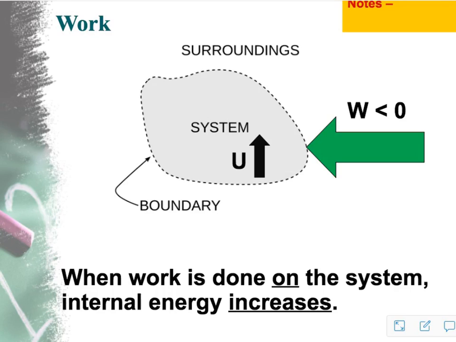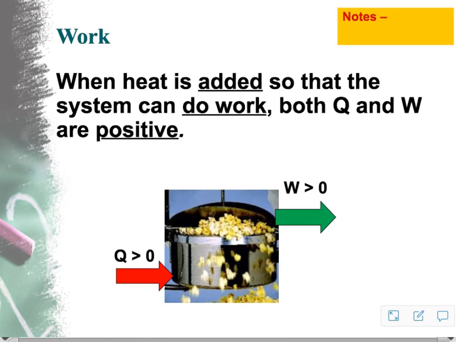Now, it can be tricky to remember that. So the way that I try to remember it is by using this scenario here. And let's go back to the popcorn popper. When heat is added to a system, so the system can do work, both Q and W are positive.